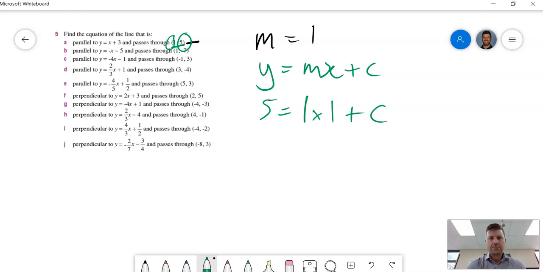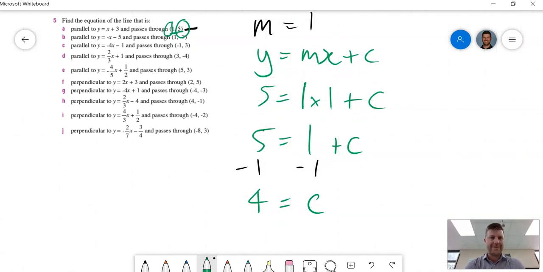So let's go ahead and solve this. So y equals 1 times 1 is 1, plus c. I want to get rid of that 1, so take 1 from both sides. Okay. And then I'm left with 4 equals c. Well, the value of c is 4. So in the equation of a line that is parallel to y equals x plus 3, the value of c, or the y-intercept, is going to be 4.